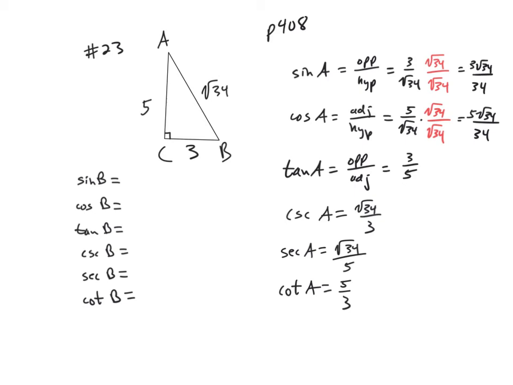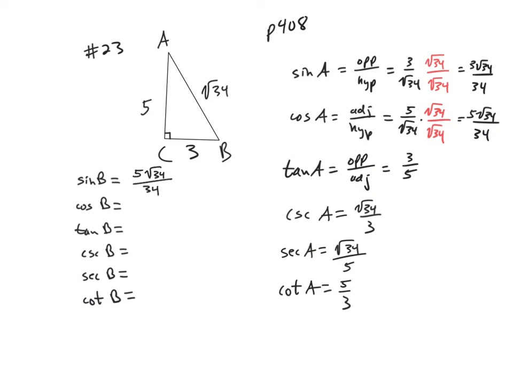So we talked about in class how the sine of one angle is the same as the cosine of the other, because if I look at the sine of B, it's opposite over hypotenuse, so it's 5 over radical 34. Well, I know over here that 5 over radical 34 turns into 5 radical 34 over 34. So the sine is going to be 5 radical 34 over 34.